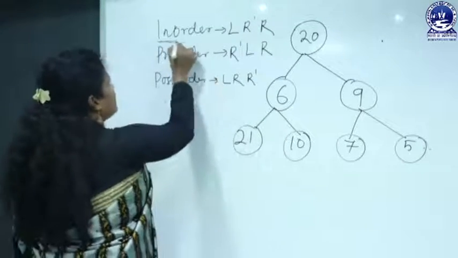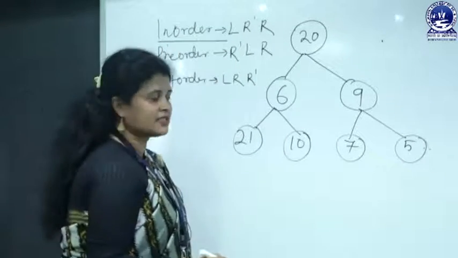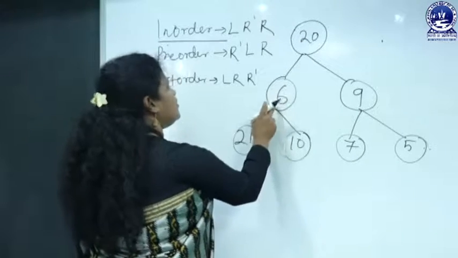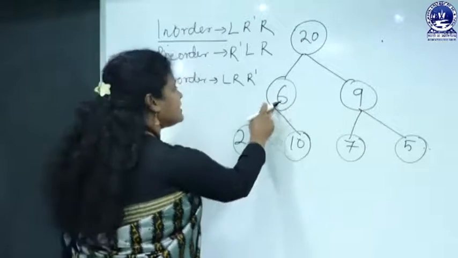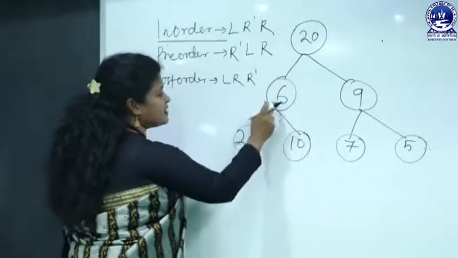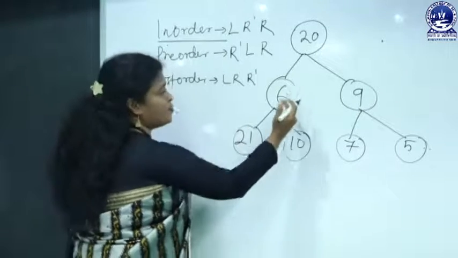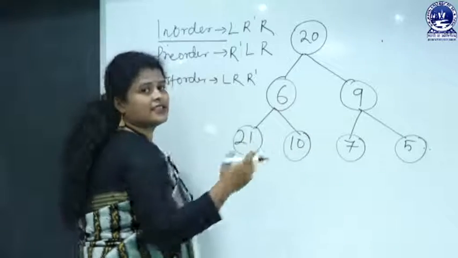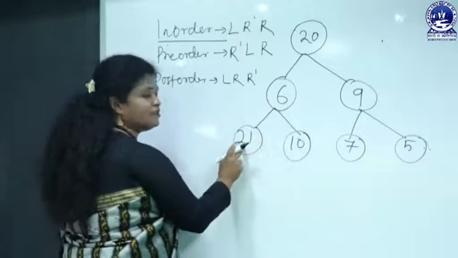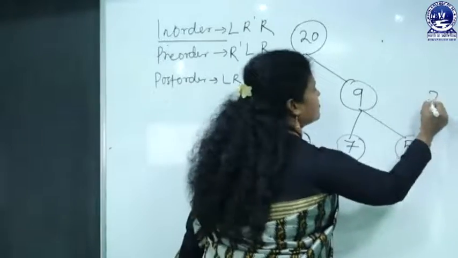If we are using in-order traversal, we will start from 20, then we will move towards the left, as it is the root of this tree, 6, 21 and 10. If we take this much, then this is also called a root, that's why again we will move to this part, this is 21.